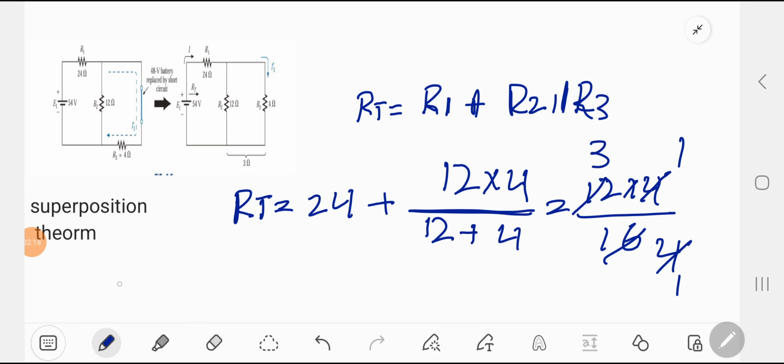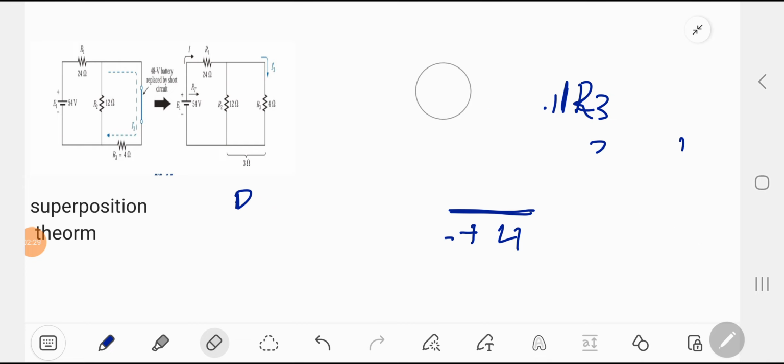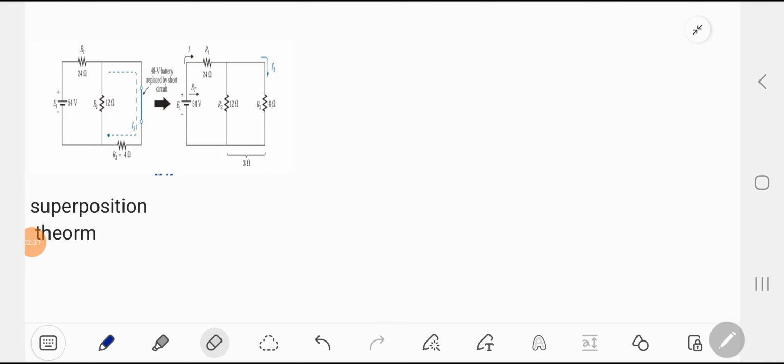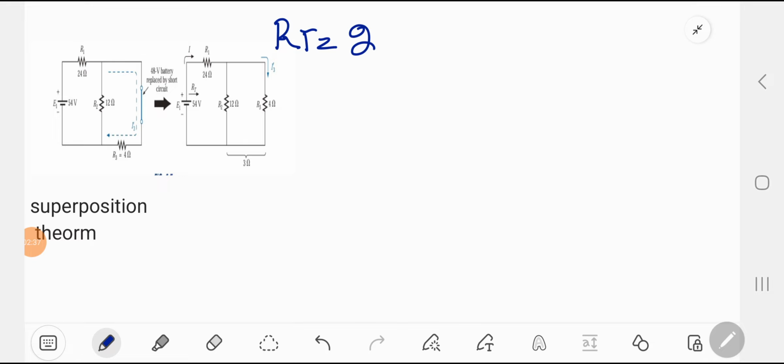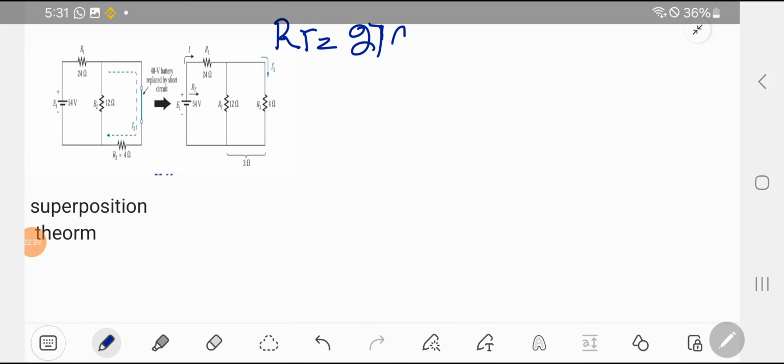So the total resistance here is 24 plus 3, which is equal to 27. So we found that the total resistance here in this case is 27 ohm.